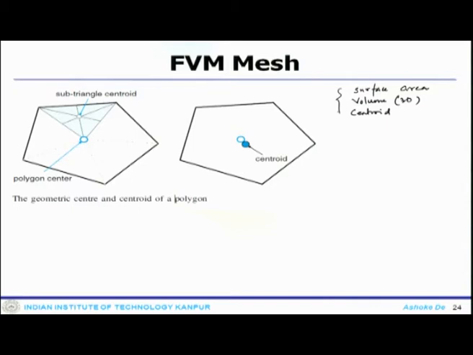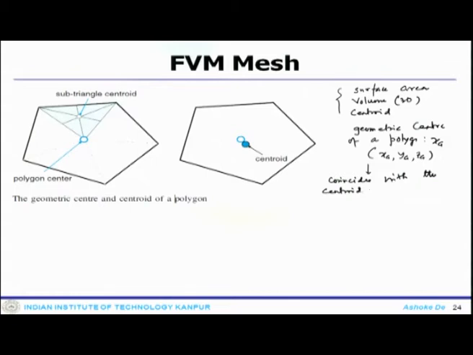So, typically for any polygon, the geometric center of a polygon is, let us say, xg, which will be nothing but xg, yg, zg if it is in 3D. Now, that will only coincide with the centroid, otherwise not.